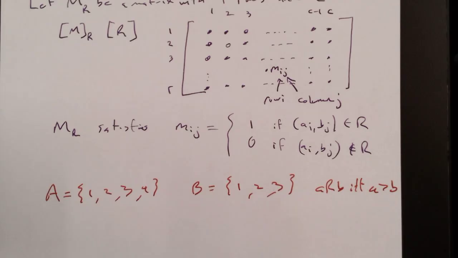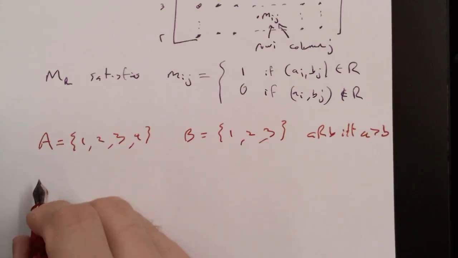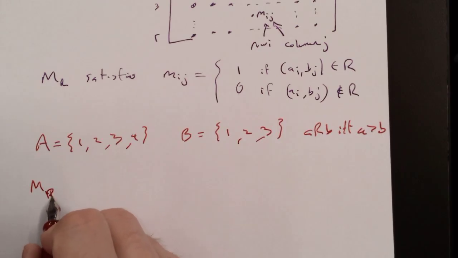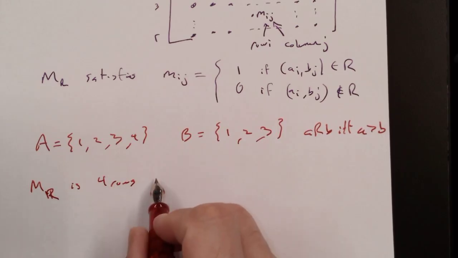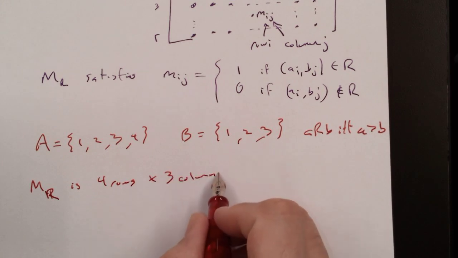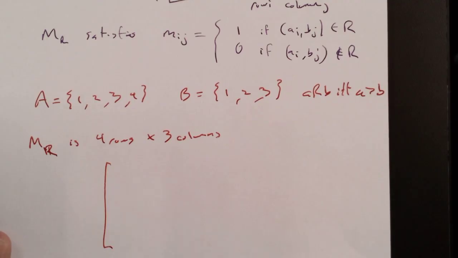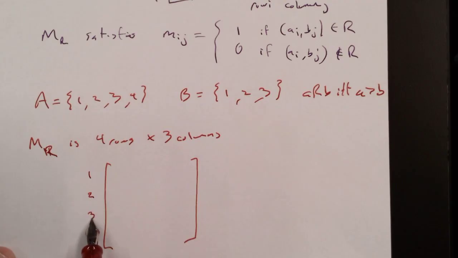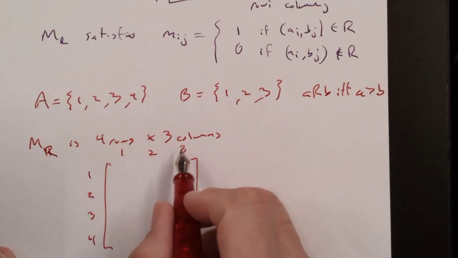We're going to call this a 4 by 3 matrix, 4 rows by 3 columns. If it helps, outside the matrix, put the elements of A going down the left column, and the elements of B going across the top or across the bottom. You are welcome to add these sorts of annotations outside your matrix.